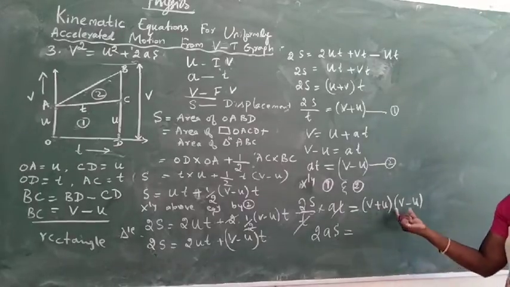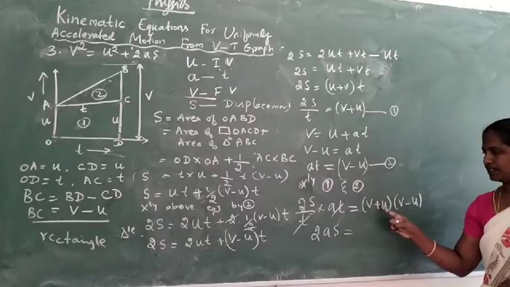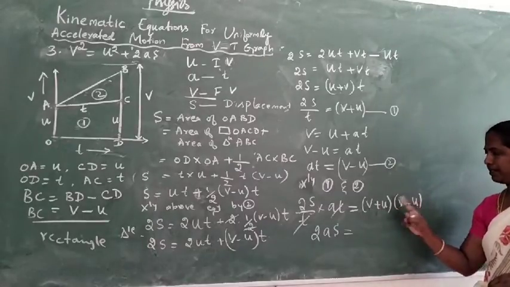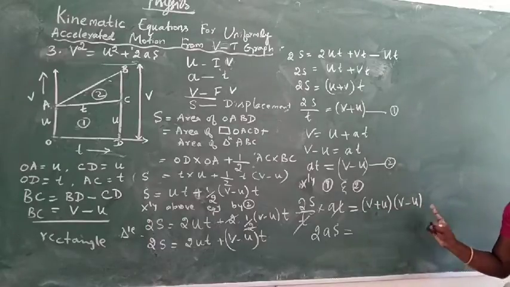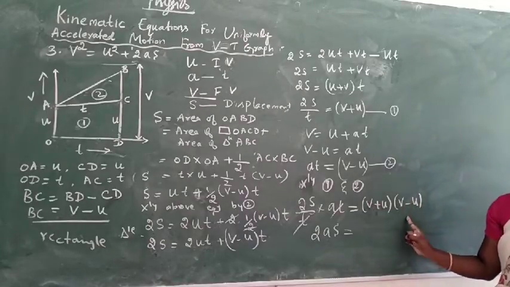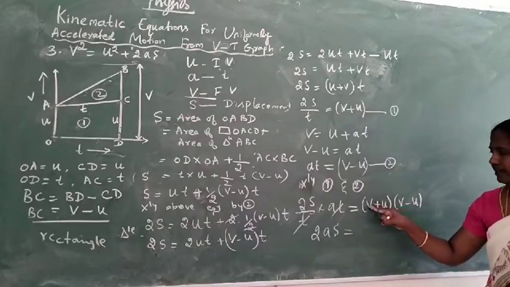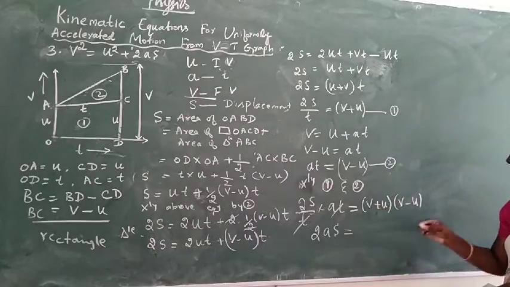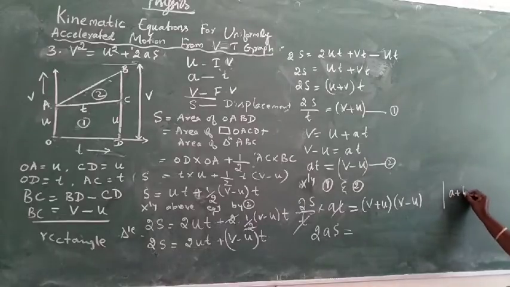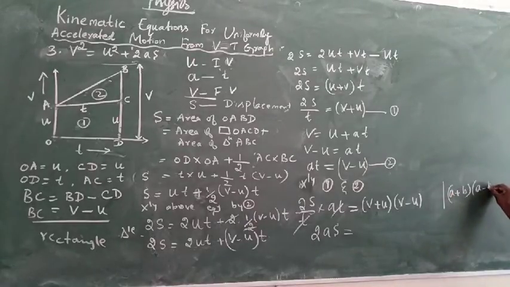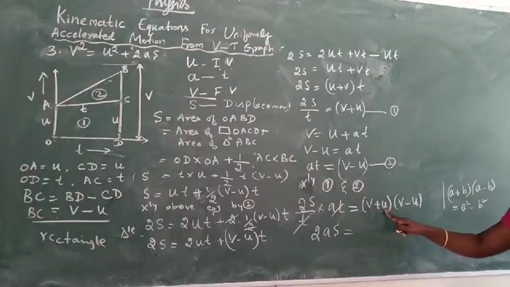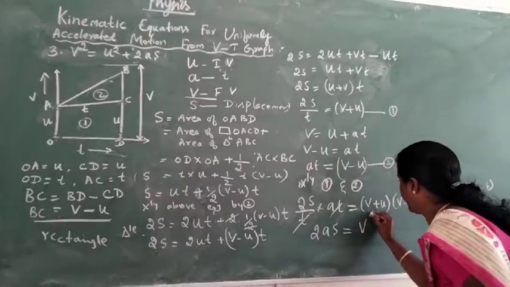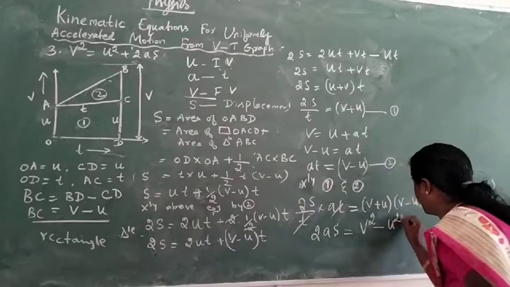Now we have this relation: V plus U into V minus U. This equation is nothing but A plus B into A minus B, which gives rise to A square minus B square. In place of A here is V, in place of B here is U. So I can write V square minus U square.